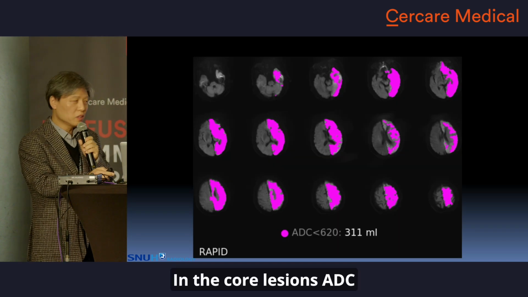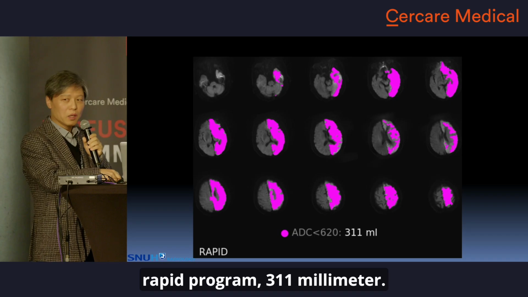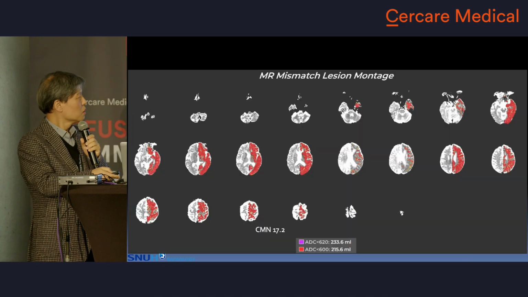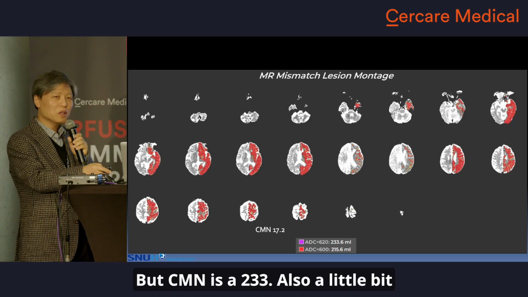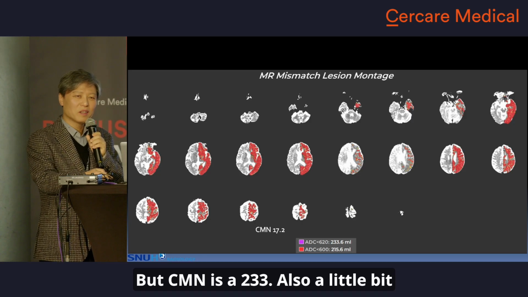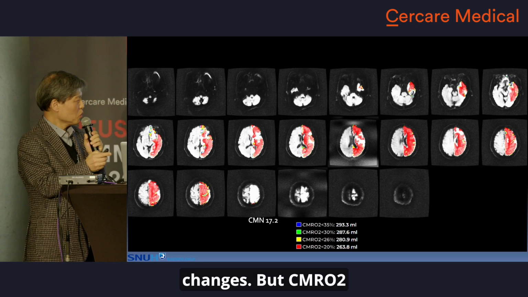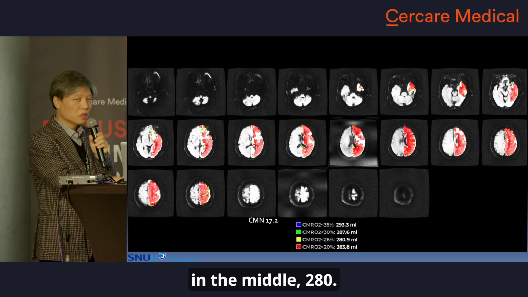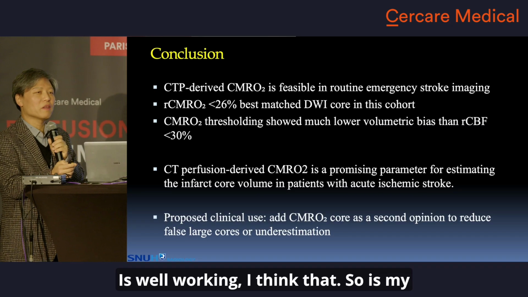The infarct lesion on ADC with the RAPID program is 311 millimeter. But CMN is 233, also a big change. But CMRO₂ is in the middle, 280. I think it works well.